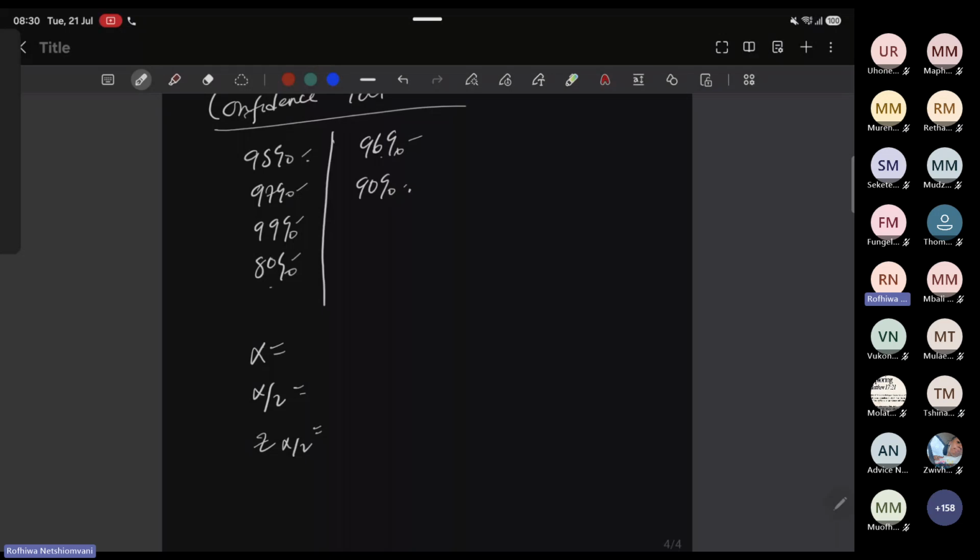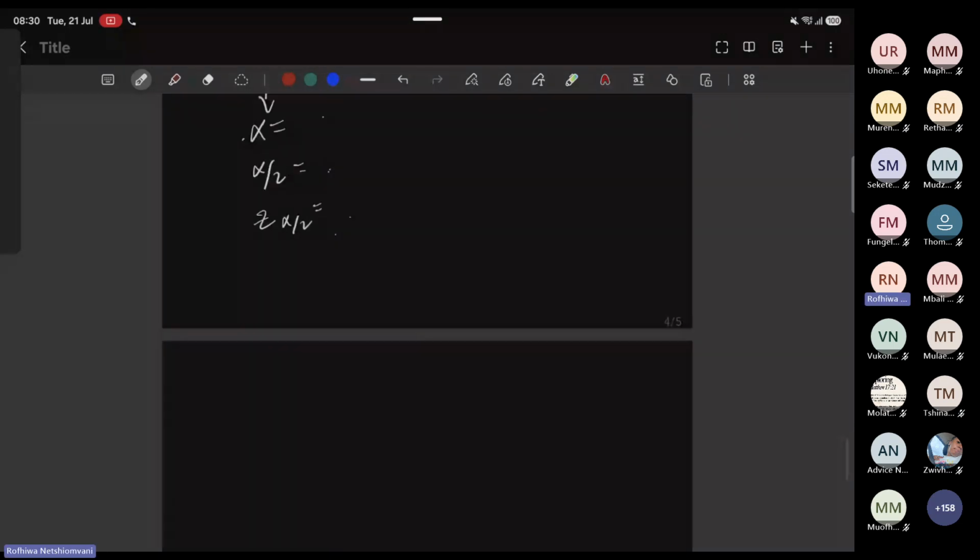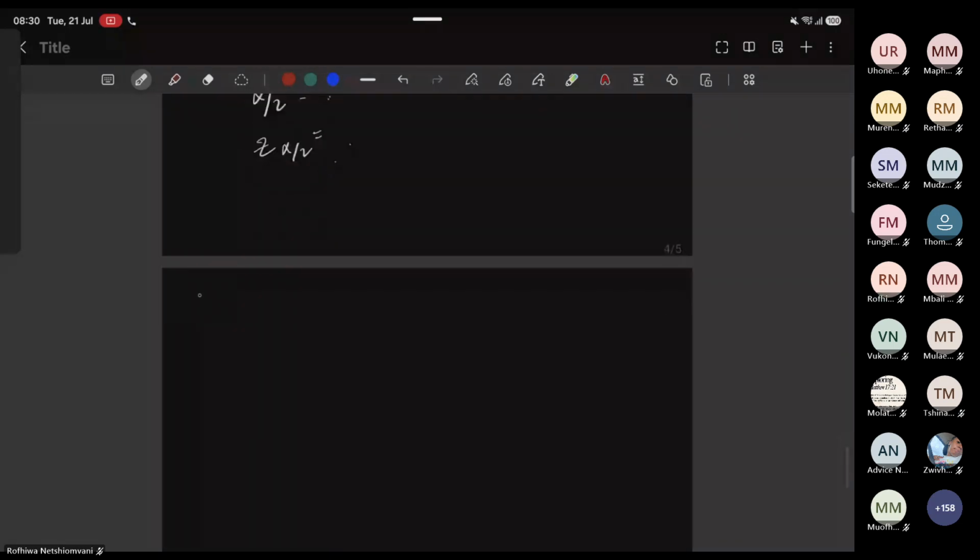No mark will be given for jumping from getting alpha to the final answer. I need to see how you got the first answer first. You show me how you got alpha divided by 2. I'll give a mark for alpha divided by 2 and a mark for z alpha divided by 2. Always remember that.